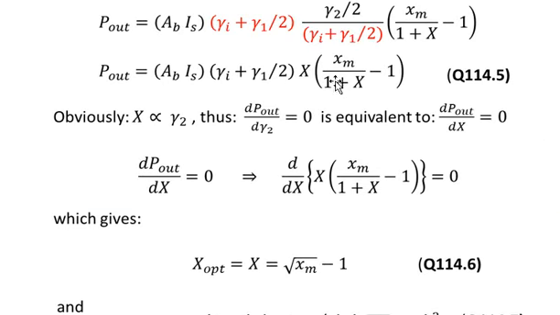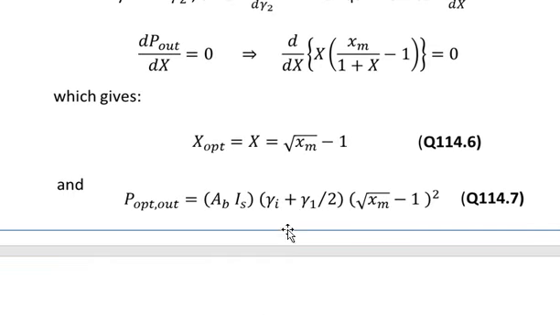For example, X is present over here and X is also present over here. So you can replace this X by the value of the square root of XM minus 1, and then simplify this equation, which will give you that now the output power will be labeled as P optimum output.